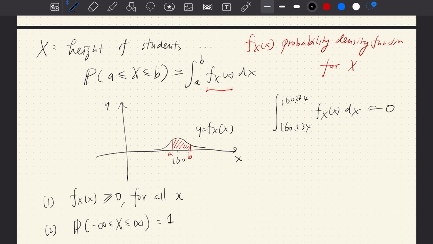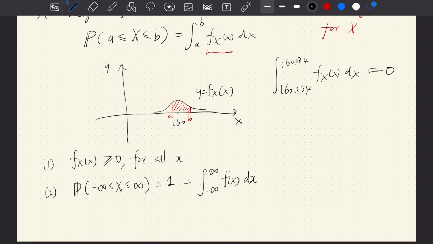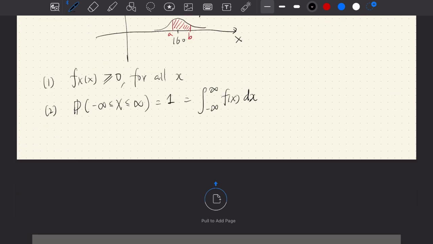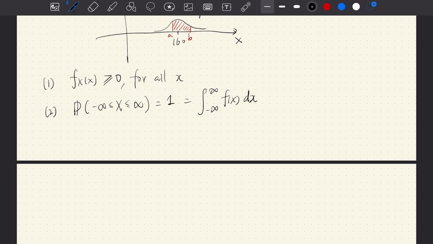Based on our definition, this means that if you integrate the probability density function from negative infinity to positive infinity, it should arrive at 1. So these are the two requirements for a function to be a probability density function, okay?